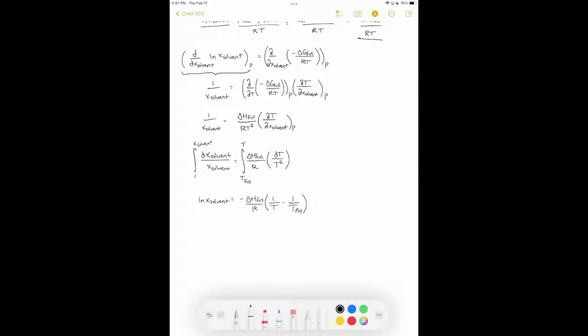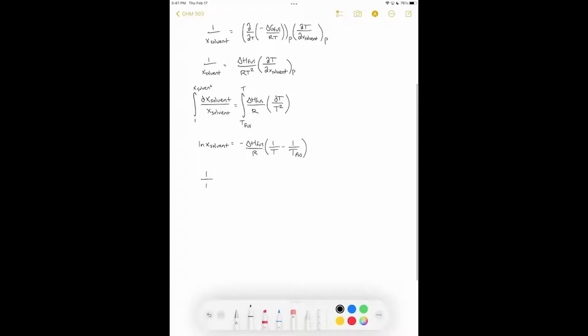It is often more intuitive for us to calculate a change in the melting temperature rather than the actual melting temperature. So we can do some rearrangements here to express it in this way. We'll use an approximation that 1 over T minus 1 over T fusion is approximately negative delta T fusion over T fusion squared.